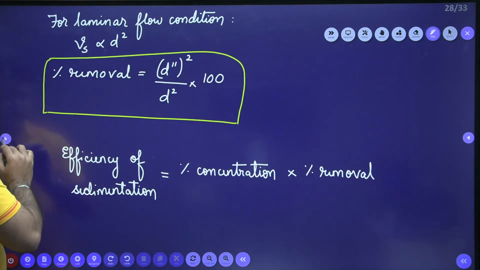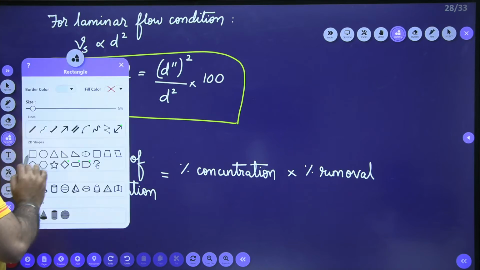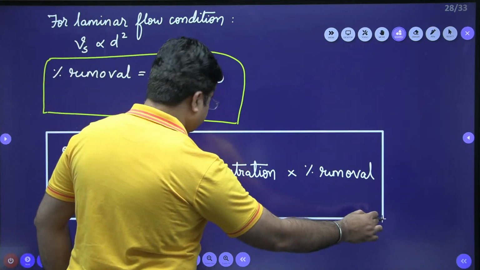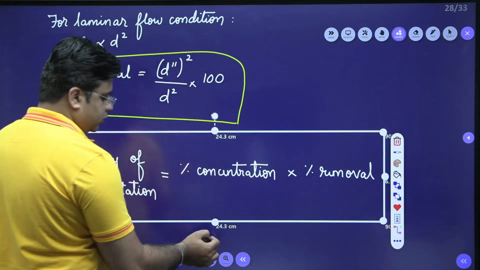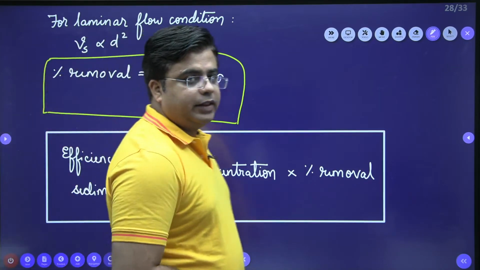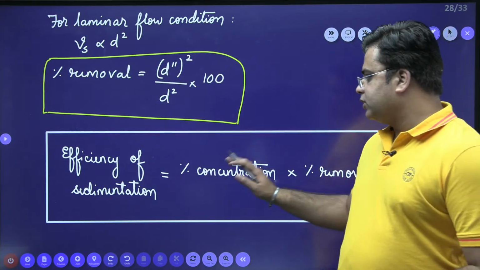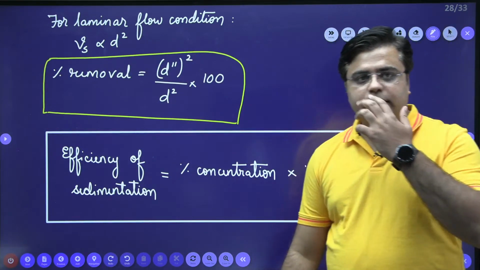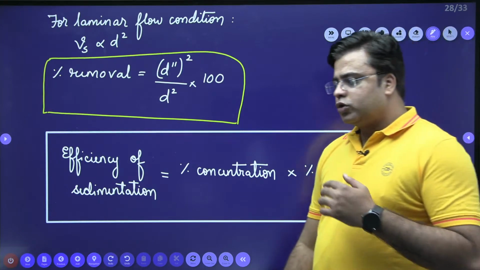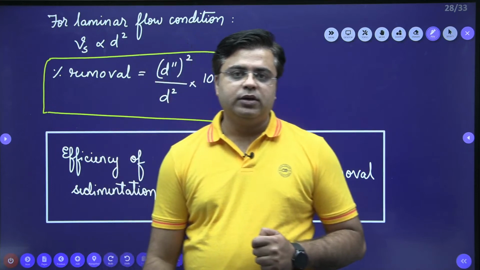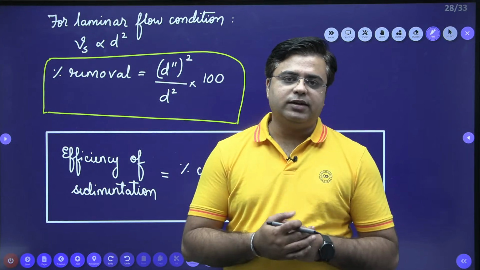So efficiency of sedimentation is equal to percentage concentration multiplied by percentage removal. So this is how you calculate the efficiency of sedimentation, which is nothing but percentage concentration multiplied by the percentage removal, right? So these are some of the very, very important concepts regarding sedimentation analysis.